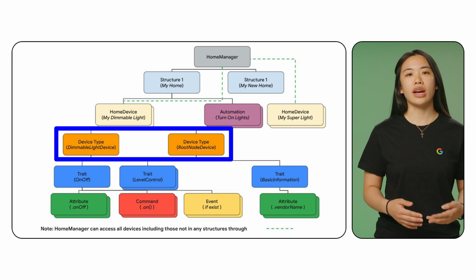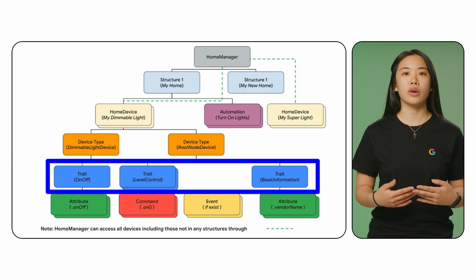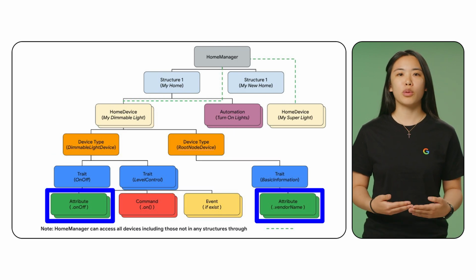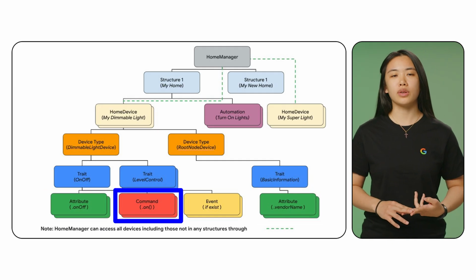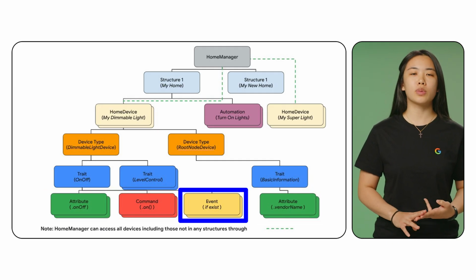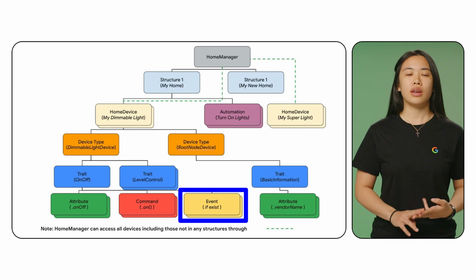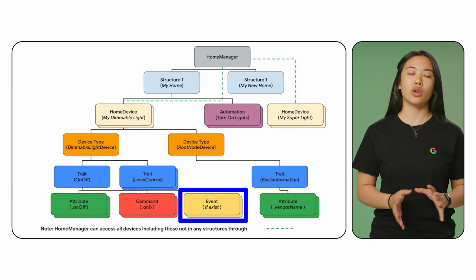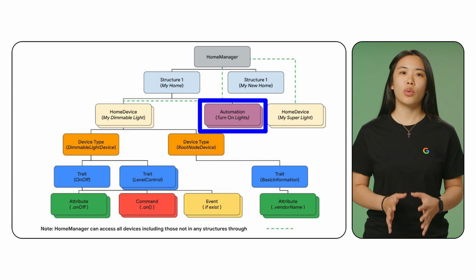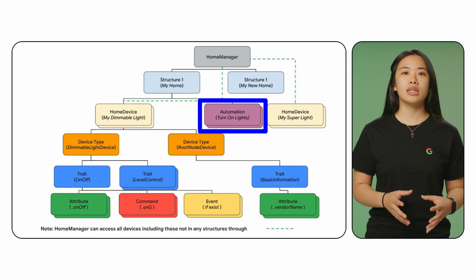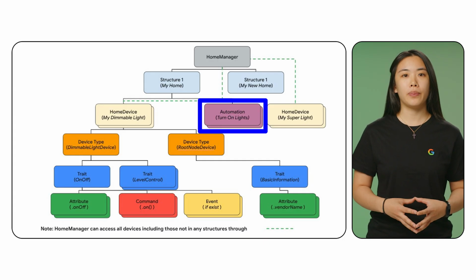Devices are composed of device types, and device types are then composed of traits, which further are composed of attributes for reading/writing, commands for controlling attributes, and events for reading or subscribing to past changes. Note that devices could be assigned to a structure or a room. Lastly, automations, which are part of a structure, use metadata to automate tasks in the home. In this section, you'll learn how to develop with the Structure API to parse and render a user's home.